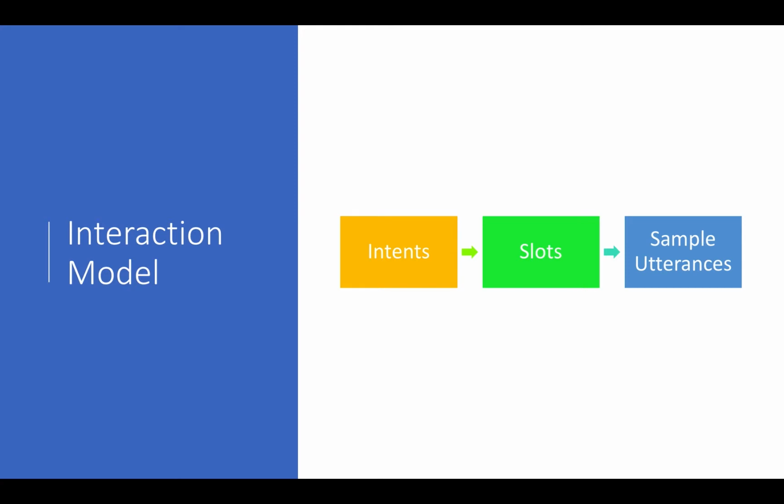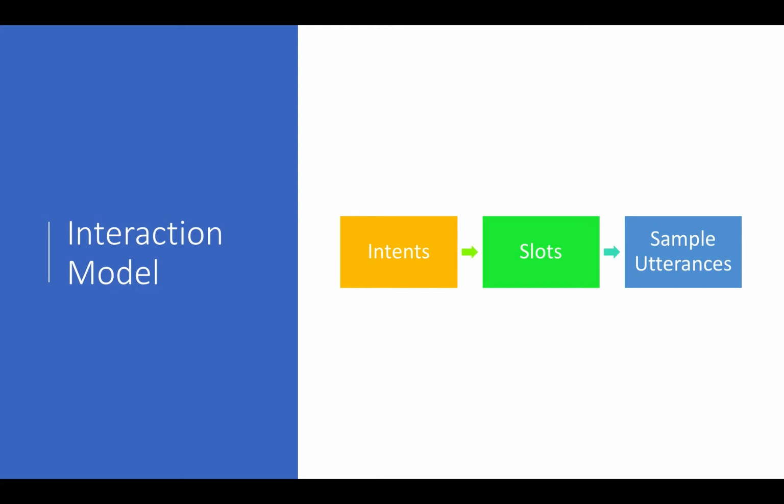In Alexa, since it's voice operated, since it's a voice interface, you need to have a similar kind of navigation system through voice, and the interaction model helps us achieve that. So on the left side we have intents. So in the interaction model we will have intents, meaning what we can do with the skill.